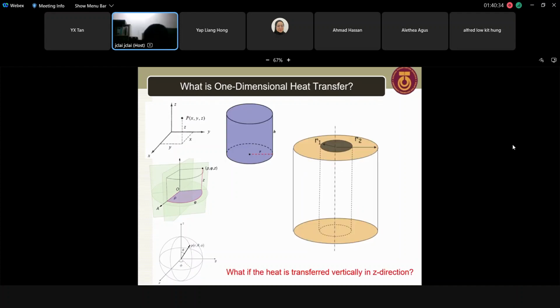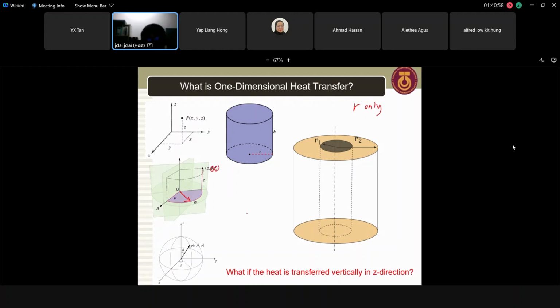When we say heat is transferred through the r direction only, we are saying that heat is only transferred through the r direction. It doesn't transfer through this direction and the z direction.